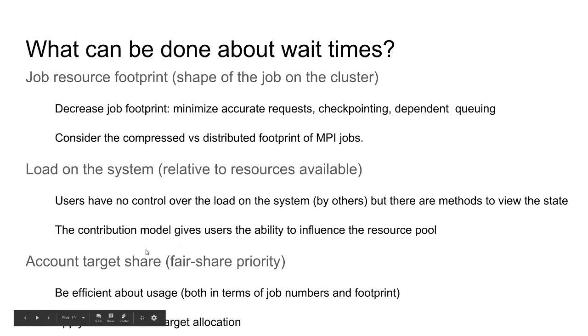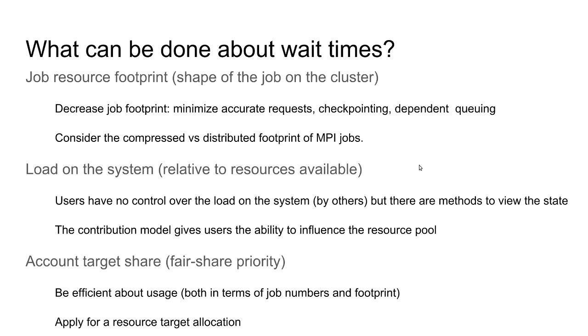And then always consider the effect that the jobs you're running have on your fair share or the priority of the subsequent jobs. So be efficient about usage, both in terms of the number of jobs and the footprint that you're running, as each job has an effect on the priority and consequently the wait times of subsequent jobs.